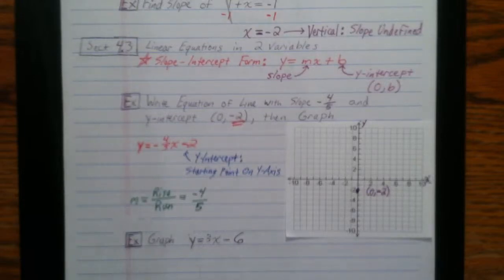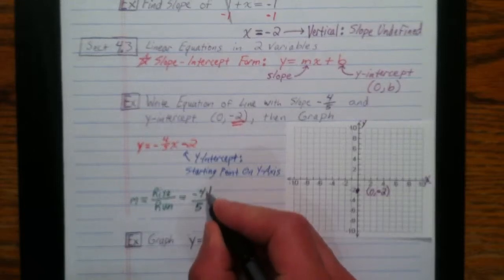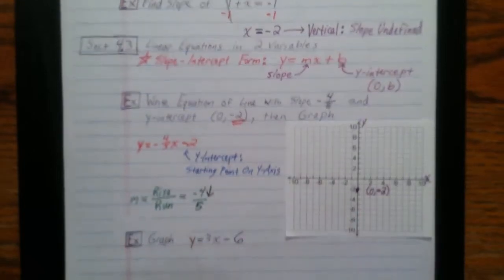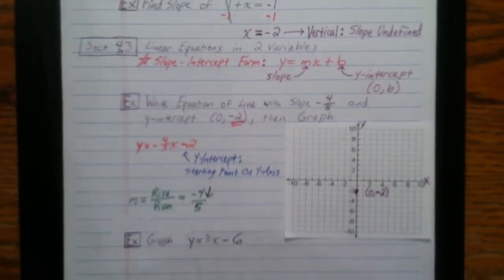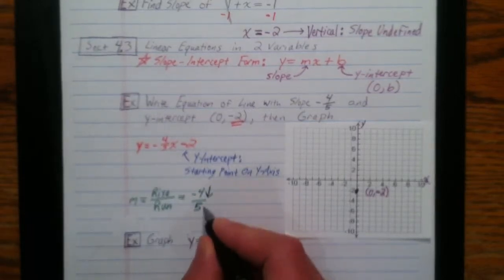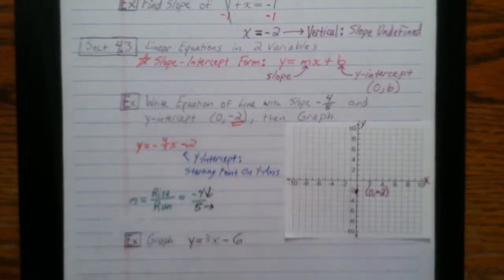Well, if you recall when we were using slope in section 4.2, the rise, the top value of our fraction, tells us how much we're moving up or down. Negative value, so we're moving down 4. And the bottom value, the 5, tells us how much movement we're running, in other words, movement to the right.